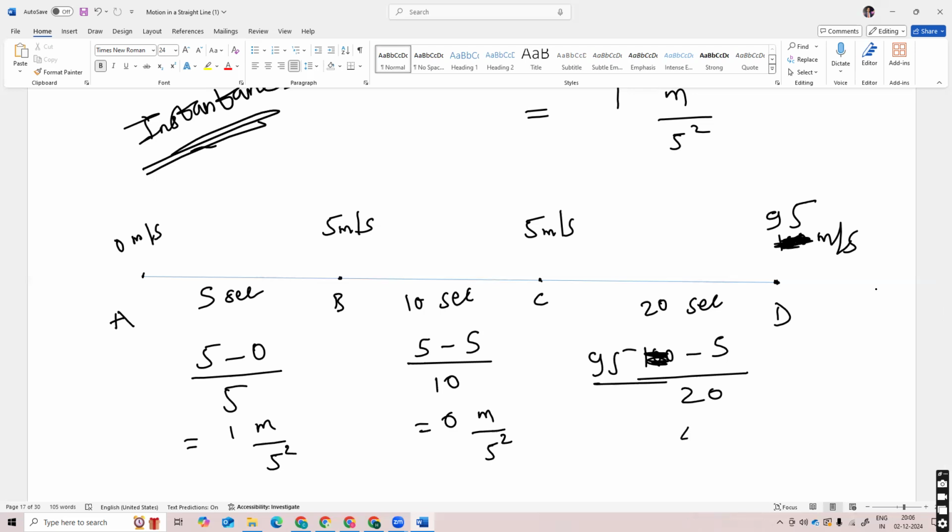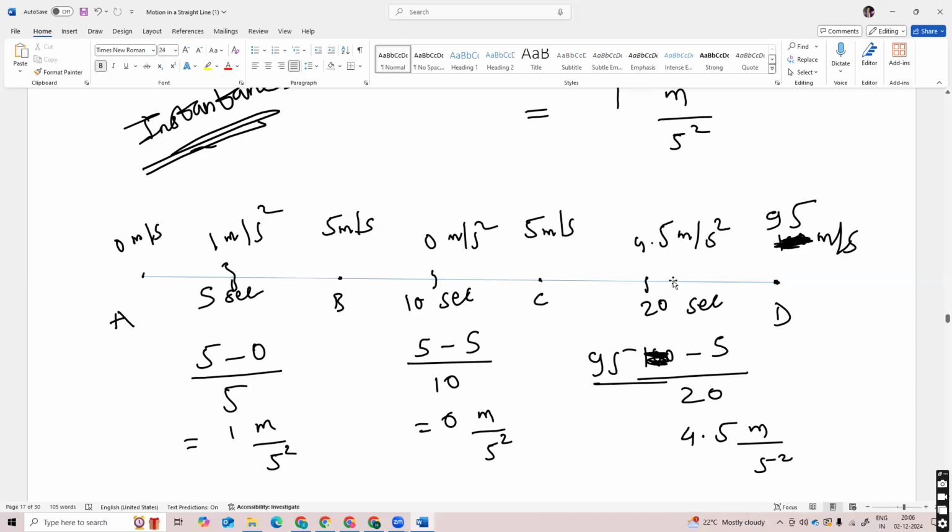So it is 90 by 20, meaning 4.5 meter per second square. So in all three sections, the acceleration was 1, 0, and 4.5 meter per second square. At these three instances, the acceleration was different, so the instantaneous acceleration was different.